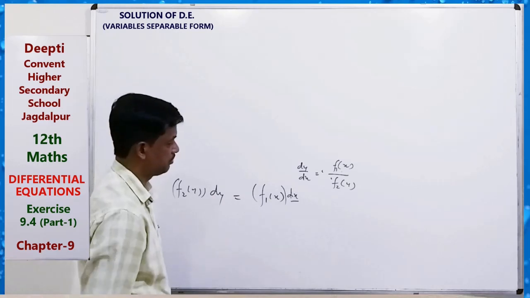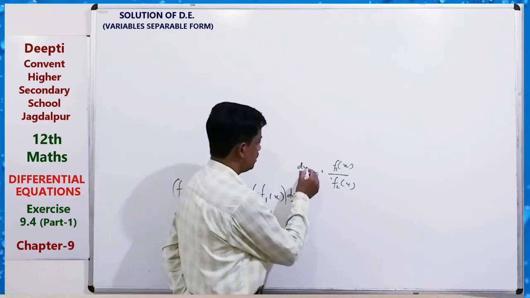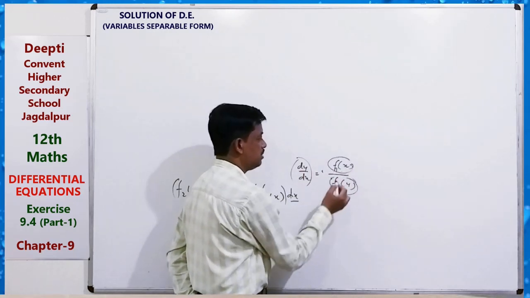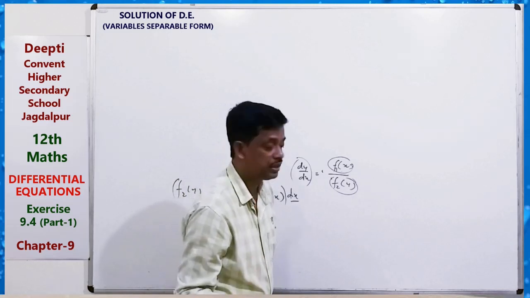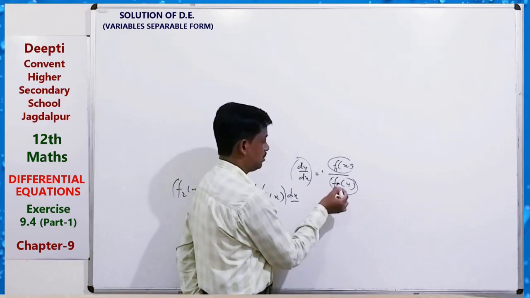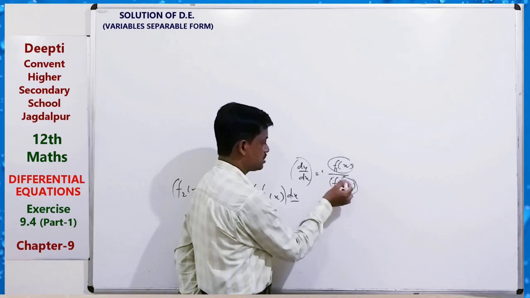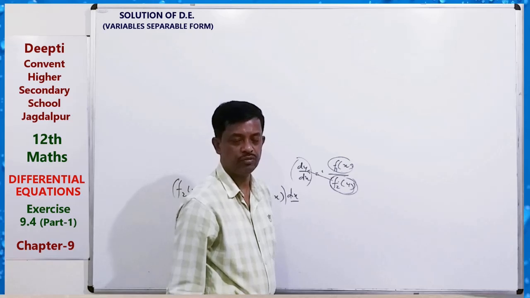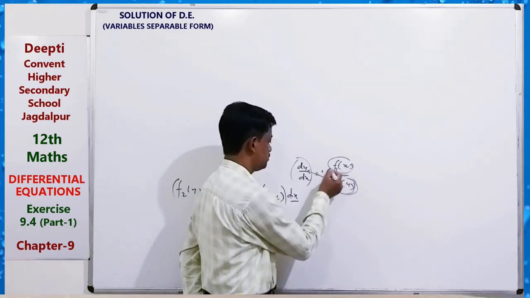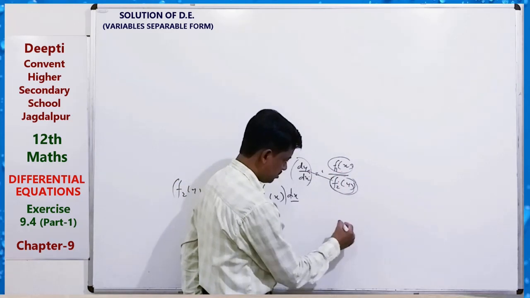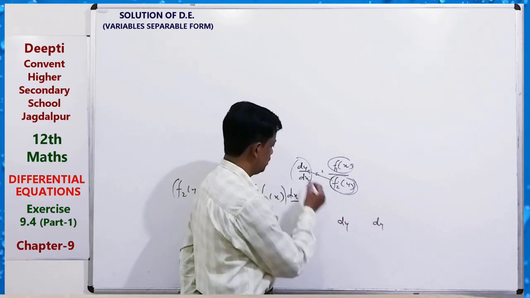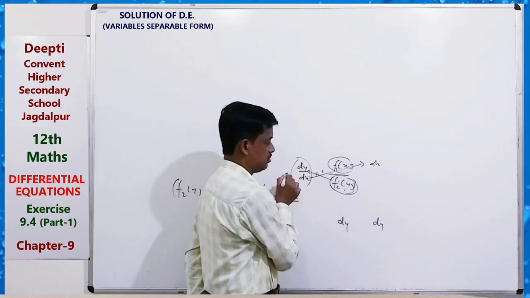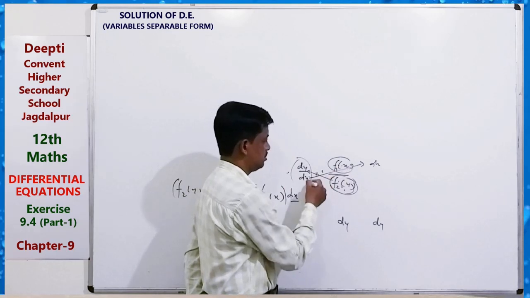If dy by dx equals a function of x times a function of y, which may be separated, then we can transfer the function of y with dy and the function of x with dx. So take dx on one side and dy on the other, with y on one side and x with dx.